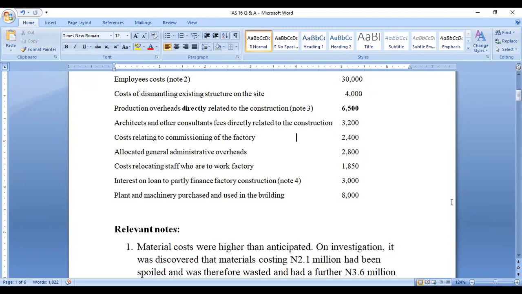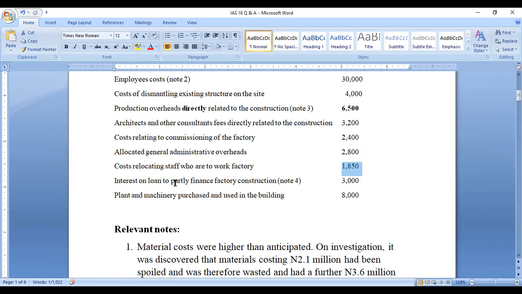We cannot include it as part of the cost of the assets. Of course, it's a cost. We recognize that, but we cannot include it as a cost element of the assets.